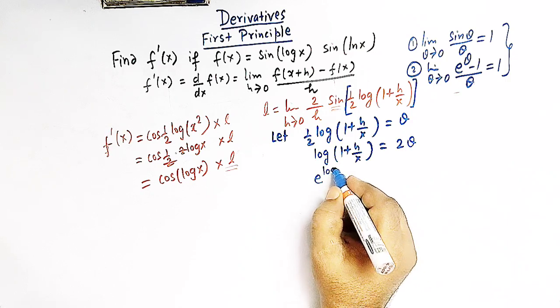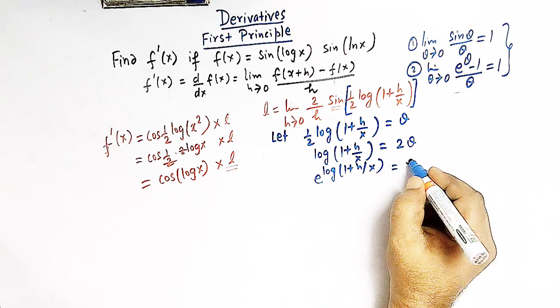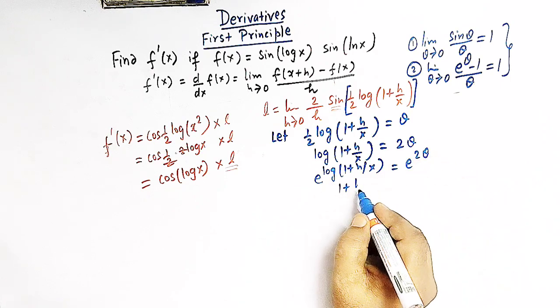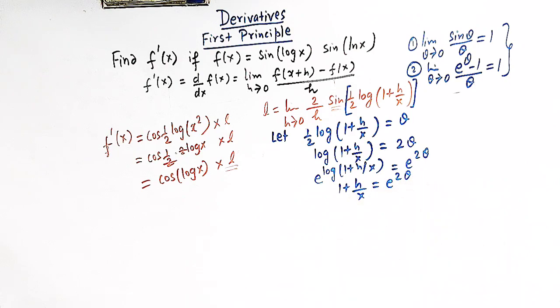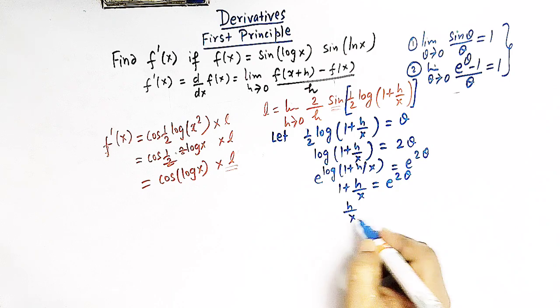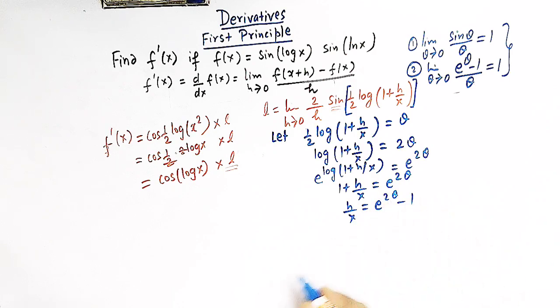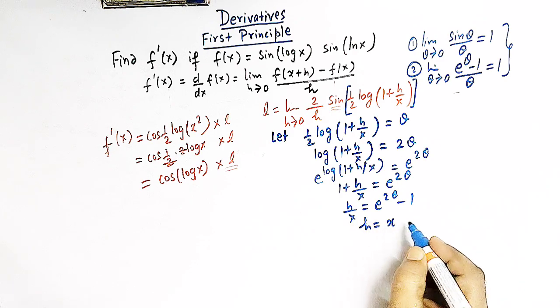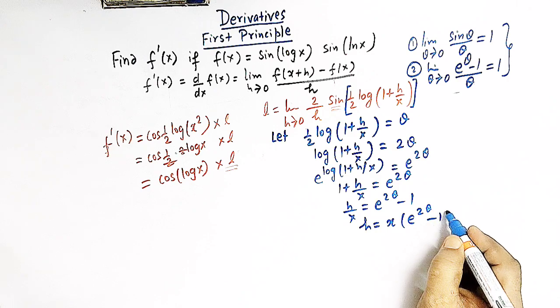So we have e raised to log(1 + h/x) is equal to e raised to 2 theta. So we can now write 1 + h/x is equal to e raised to 2 theta, and h/x is equal to e raised to 2 theta minus 1. So h is now equal to x times (e^(2 theta) − 1).